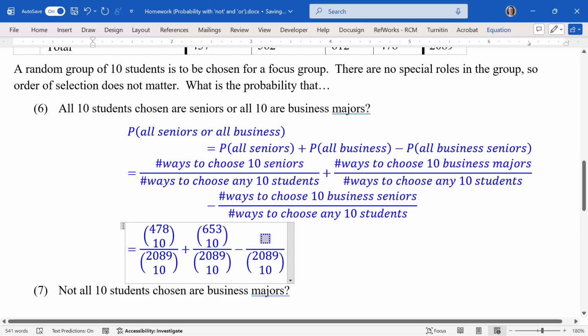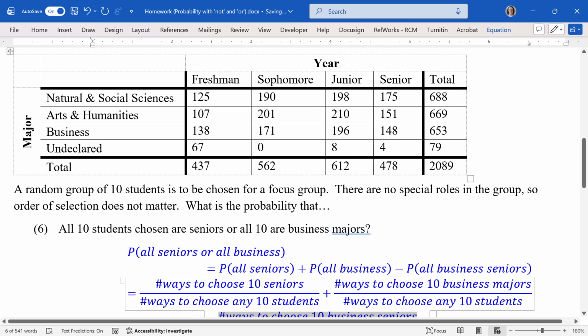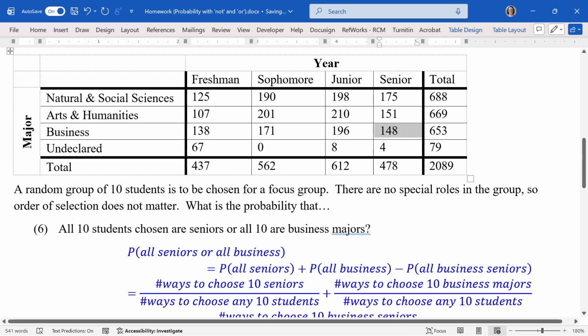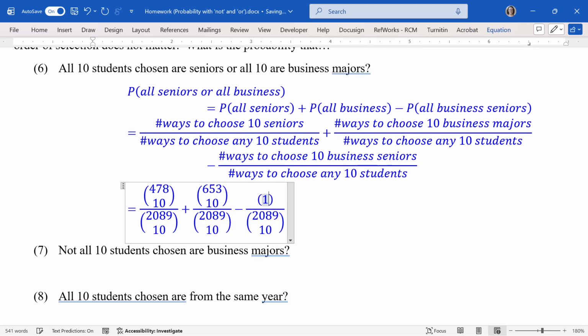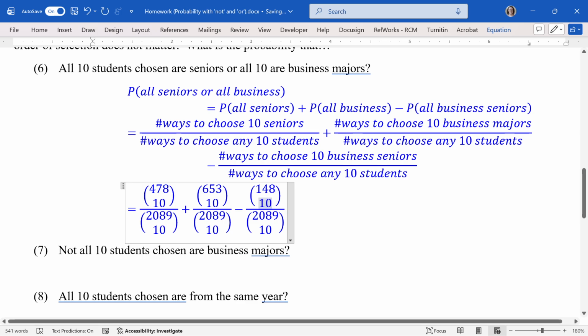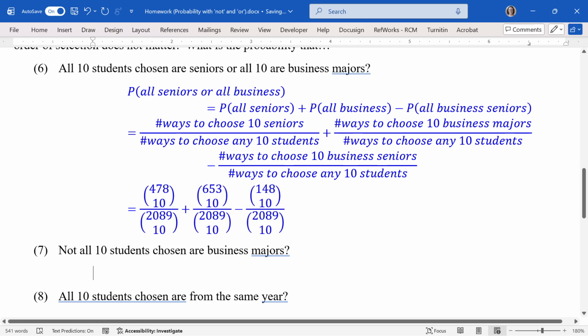And then for the last one here, I want the number of ways to choose 10 business seniors. So students that are in both groups, business and seniors. So that is this group right here, the 148 seniors that major in business. So 148, choose 10. Okay. And then now you have a formula that you could actually go to Google and plug in and get the actual percentage if you wanted to. Okay, let's try the next one.